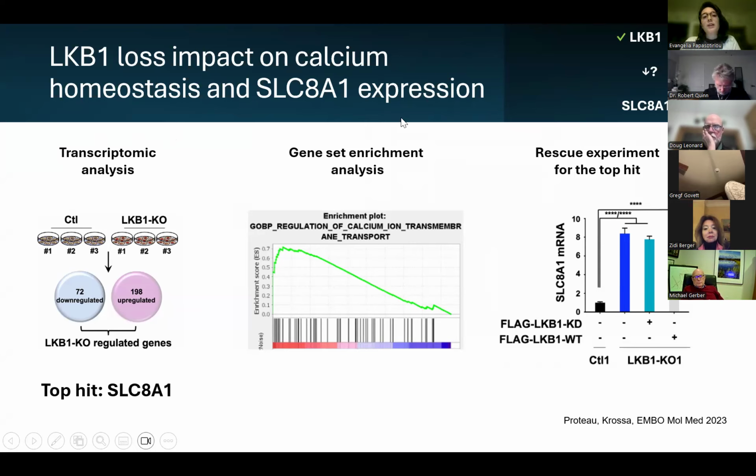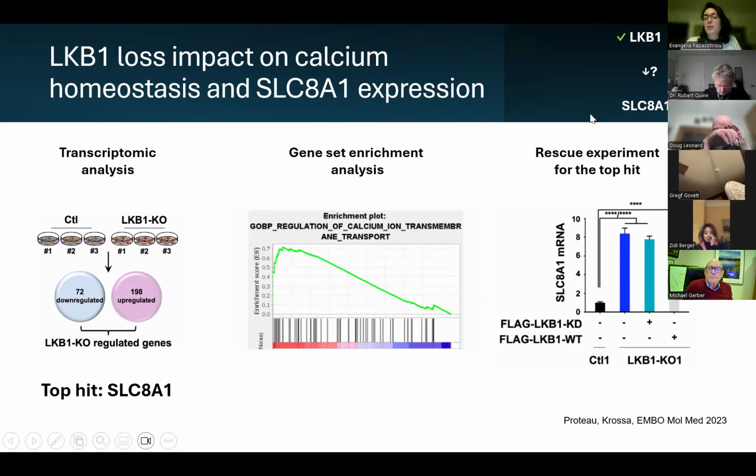Next, they performed another analysis, which is close to transcriptomic but not the same, the gene set enrichment analysis. And they have seen a particular enrichment in the hub of calcium metabolism again. They performed another set of experiments for qualitative characterization, and indeed, it has been validated.